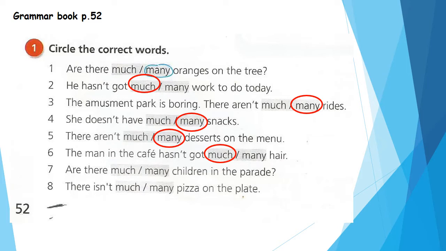Yes, children is a plural countable noun. So we will choose, yes, super, many. Number 8. There isn't much or many pizza on the plate. Yes, pizza is an uncountable noun. So the answer will be super, much.